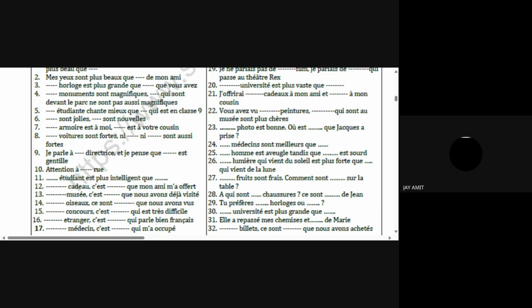Ces and ceux. Concours here is a singular noun. You know what is concours? Have you ever heard of the term? I've heard, but I don't know the meaning. Concours means competition. It's a masculine singular noun. Again, it was correct, but the noun was wrong.